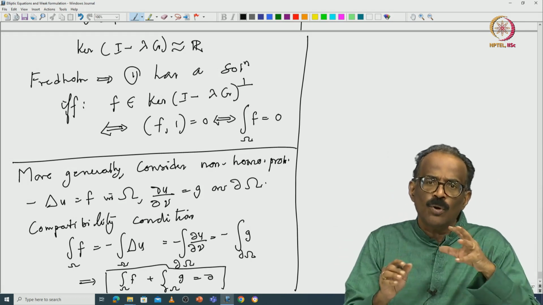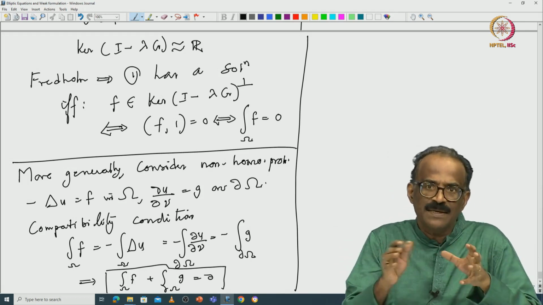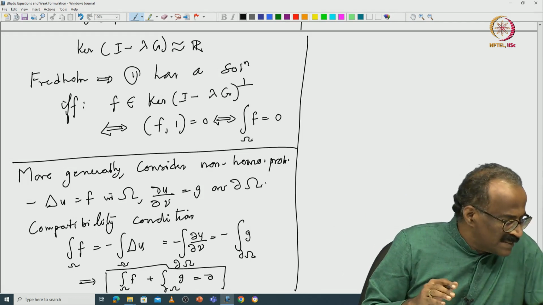So you see, you can integrate this condition. Now, when you have two non-homogeneous terms, you split that solution into two parts, and that is the same thing you do.